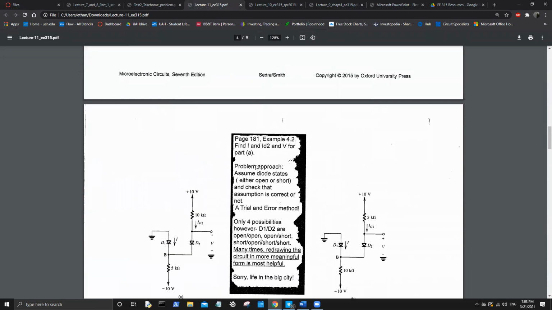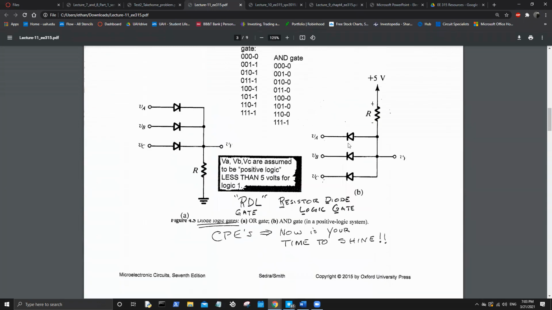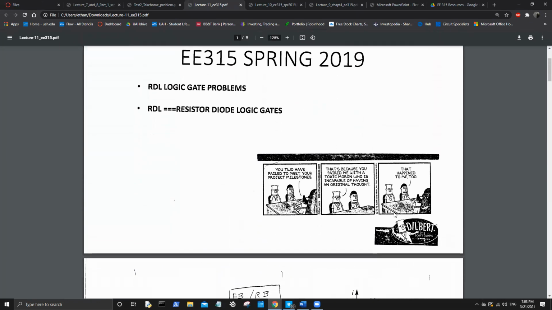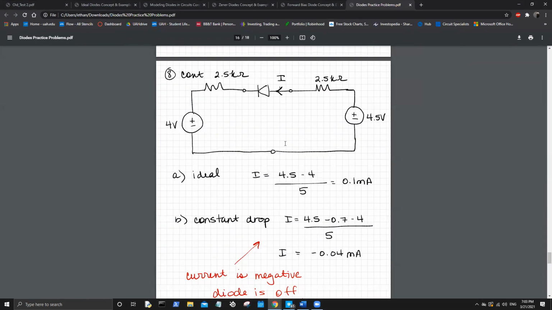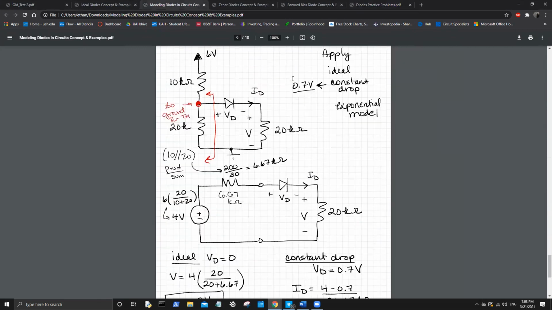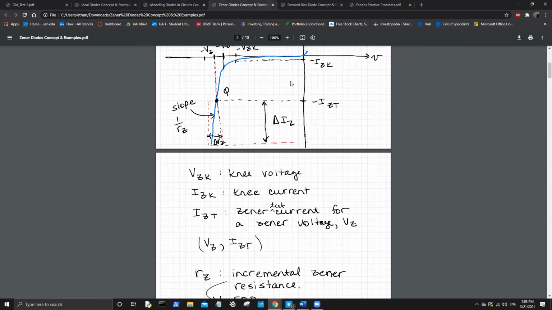I think that's the only one he really went over in class. I would suggest going to English's ones for diode problems, because I remember they were plentiful, and they worked. It was good.